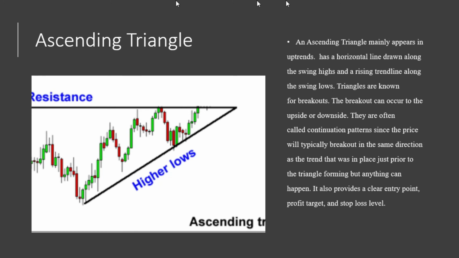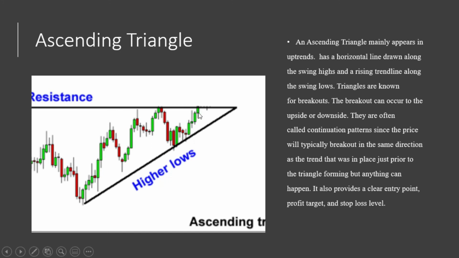Why I love to incorporate triangles into my trading plan is simply because they're very easy to trade, right? An ascending triangle is often known for its breakout to the upside, because it continues the uptrend in which the ascending triangle forms. That doesn't mean it always will break out to the upside, but it has a high probability of doing so.